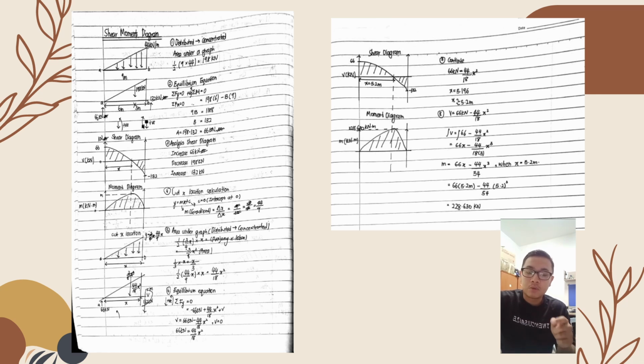For the moment diagram, we just follow back from the shear diagram and find the maximum value, which is M, from the shear diagram.